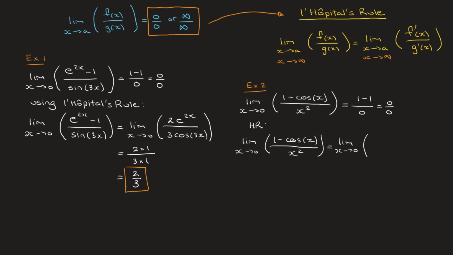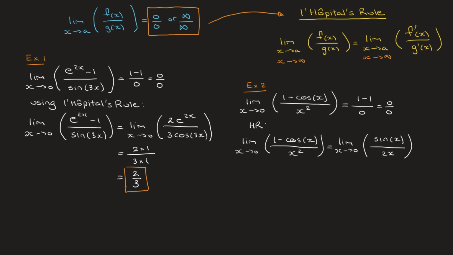The derivative of 1 is 0, and the derivative of cosine of x is negative sine of x. So the derivative turns into 0 minus negative sine of x. In other words, the derivative is sine of x. And that's over the derivative of this denominator, x squared, which of course is just 2x.